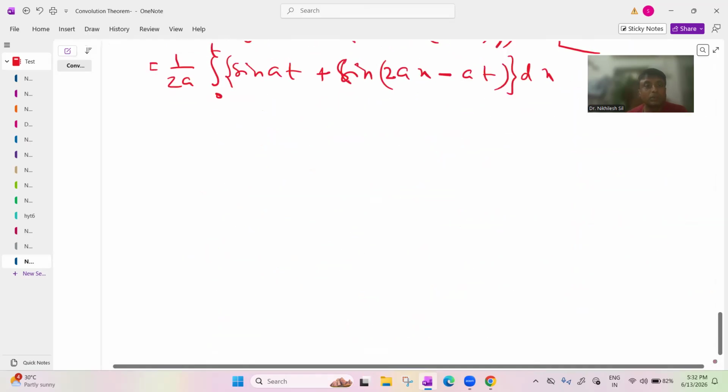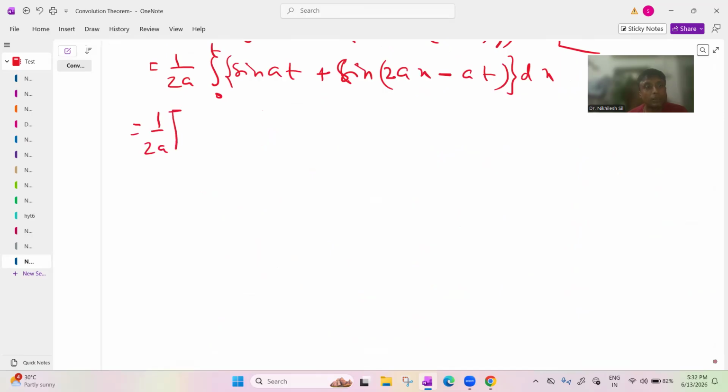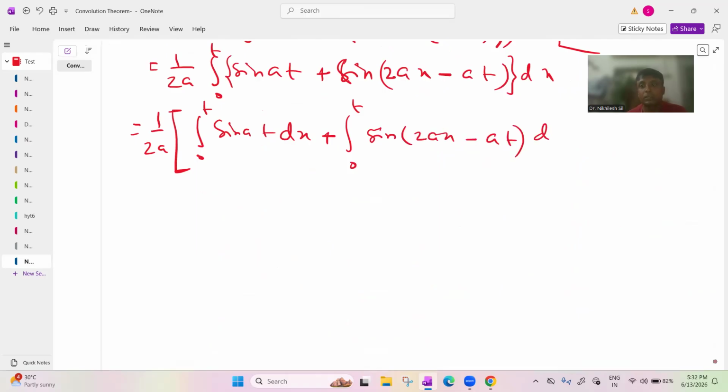Now this is equal to 1 by 2a integration 0 to t. Now what is the integration? Sin at dx plus integration 0 to t sin(2ax minus at) dx. So let 2ax minus at equal to p. Therefore 2a dx equal to dp.